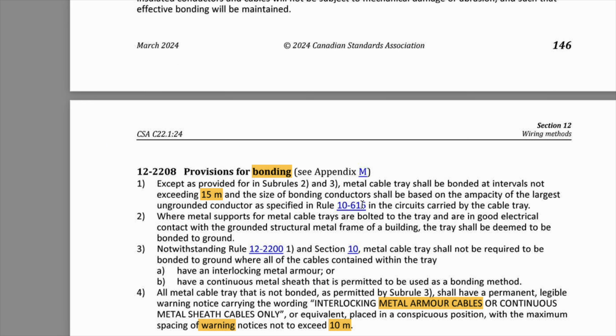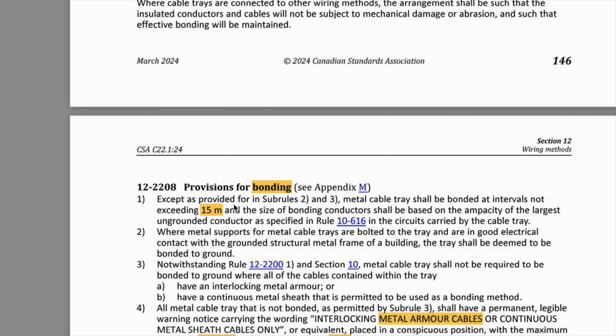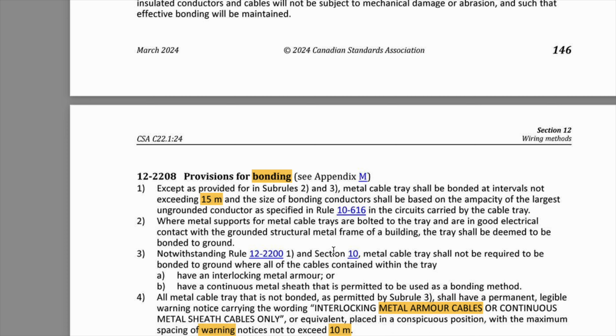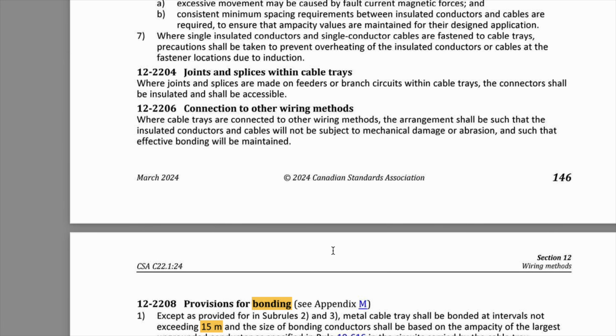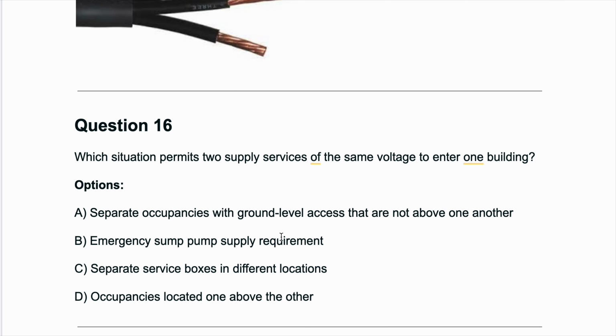Bonding, except where it provides support to a metal cable tray, shall be at intervals not exceeding 15 meters. The ampacity of the largest conductor is a sufficient rule where metal supports or tray are connected, and insulated conductors or cables are not subjected to mechanical damage. Okay, yes, that one is the correct answer.